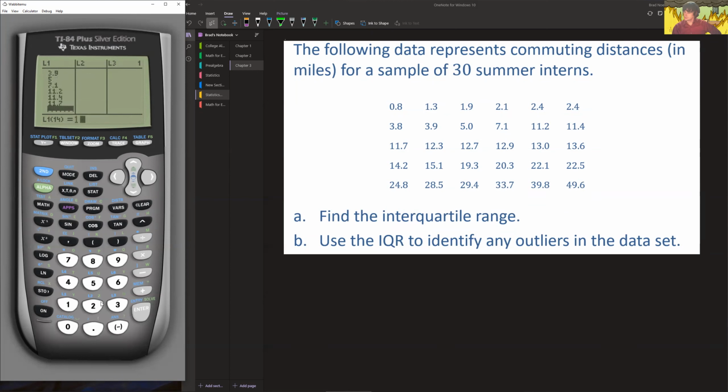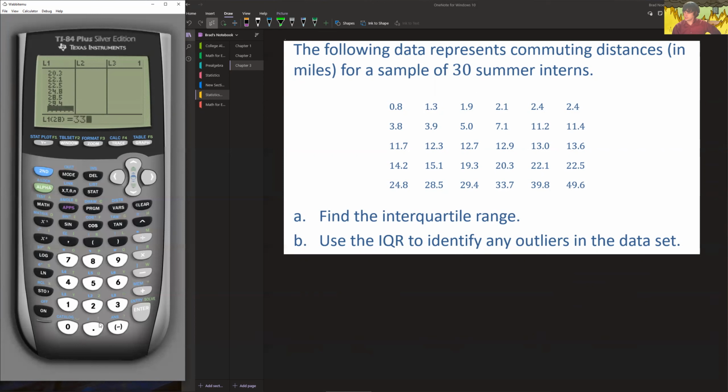11.7, 12.3, 12.7, 12.9, 13.0, 13.6, 14.2, 15.1, 19.3, 20.3, 22.1, 22.5, 24.8, 28.5, 29.4.